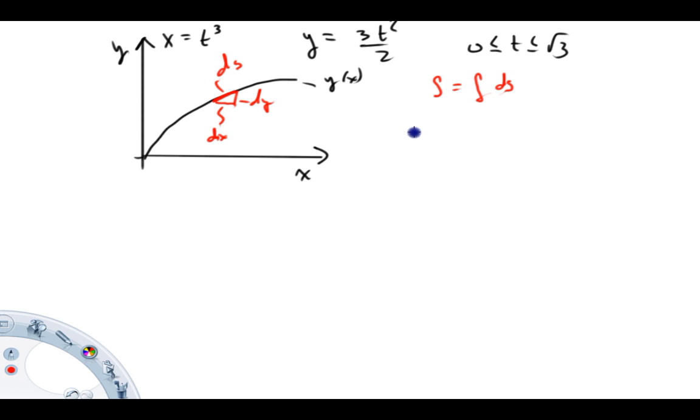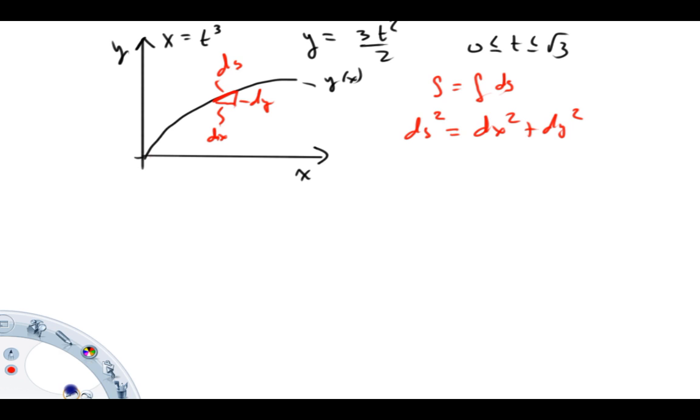Therefore, we can say that ds squared is equal to dx squared plus dy squared. This is the starting point equation-wise for any sort of arc length problem, or surface area problem if we're talking about this length revolved about the x-axis.